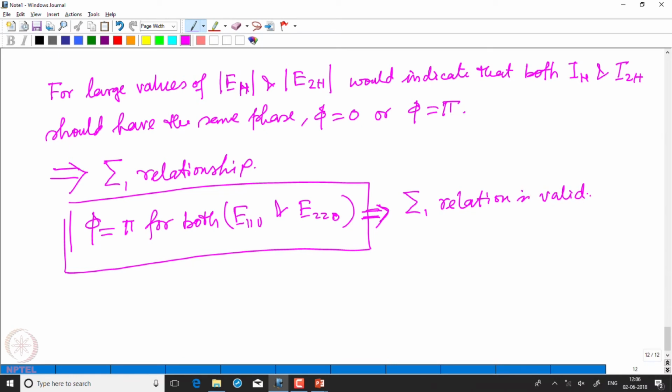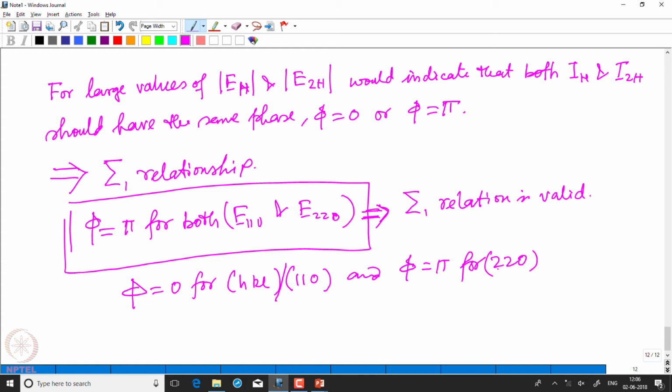You can also try when phi equal to 0 for HKL, maybe for 110, and phi equal to pi for 220 reflection, and see what kind of electron density distributions that you get. So this is one of the methods for getting the phases of one particular reflection compared to the phase of another reflection having same or large intensity.